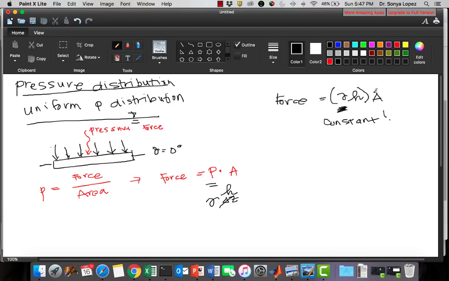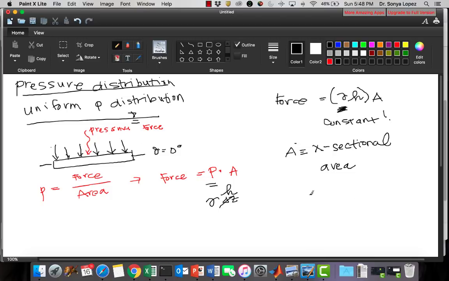Now, this area here is referring to what's called the cross-sectional area, okay? So this is the area that the water sees on top of this particular beam, right? So the area won't be this multiplied by this. It's going to be this face multiplied by the face into the board, okay?